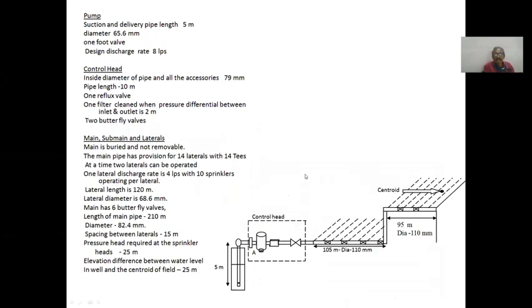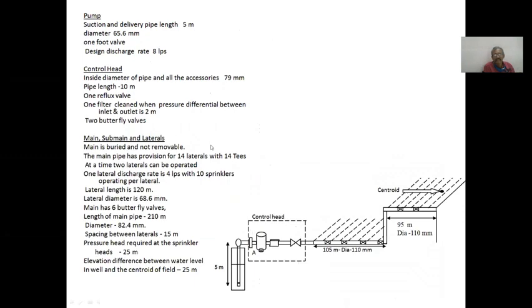So let us do a small simple problem in which the pump suction pipe length is 5 meters. Okay, and you have decided the diameter of the pipe in suction is 65.6 mm, and you have one foot valve, and the design discharge rate you obtained is 8 liters per second.